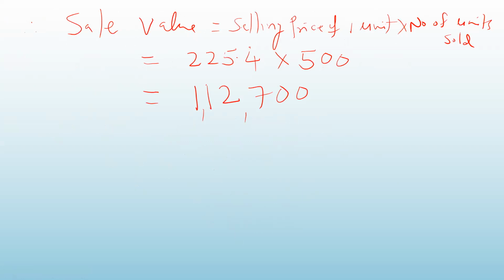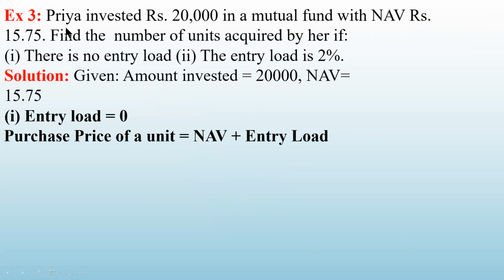Let us see the third problem. Priya invested rupees 20,000 in a mutual fund with NAV rupees 15.75. Find the number of units acquired by her if there is no entry load, and in the second one, the entry load is 2%.